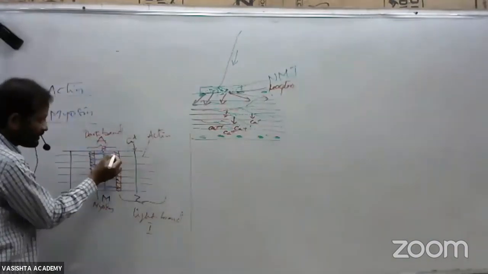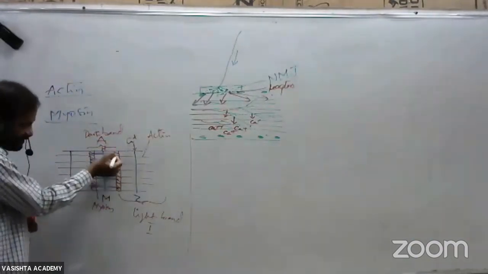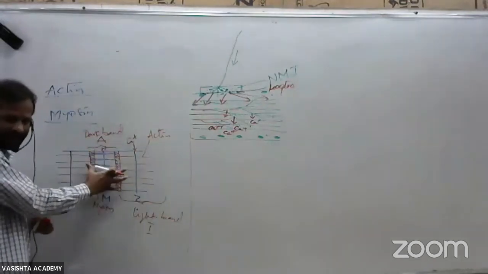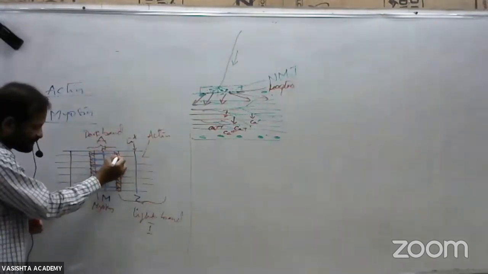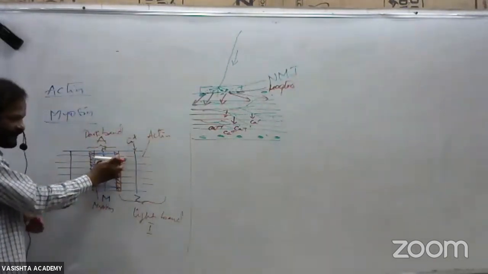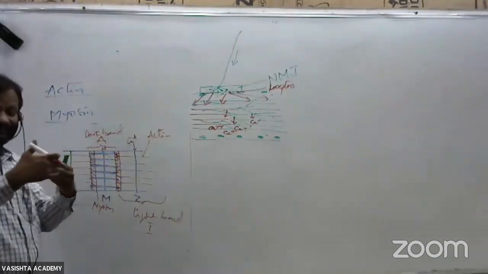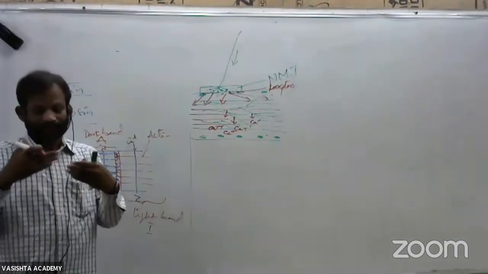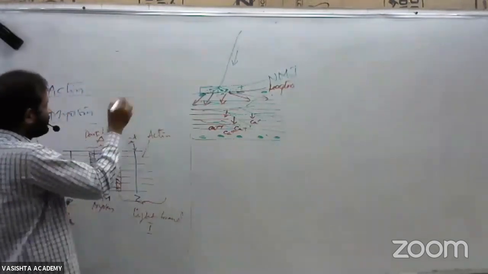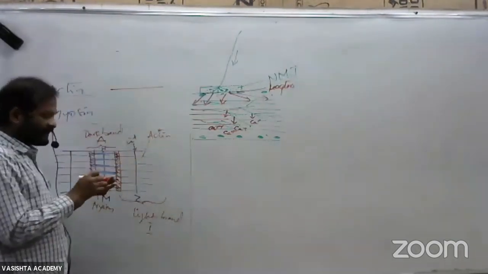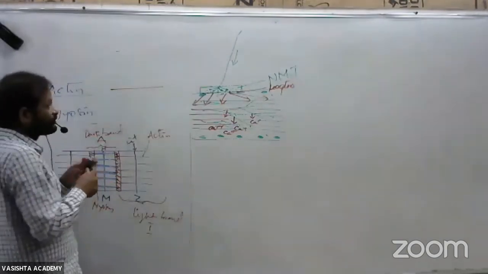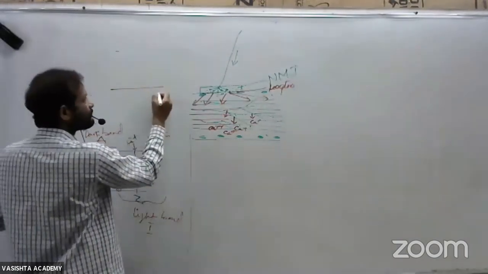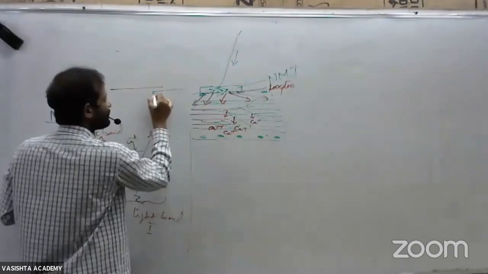At that time, in the peripheral regions of the dark band, these active sites or binding sites of actin and myosin both will be attached. So when they attach with each other, we can find physical contact between actin and myosin filaments. If this is actin, this is myosin.